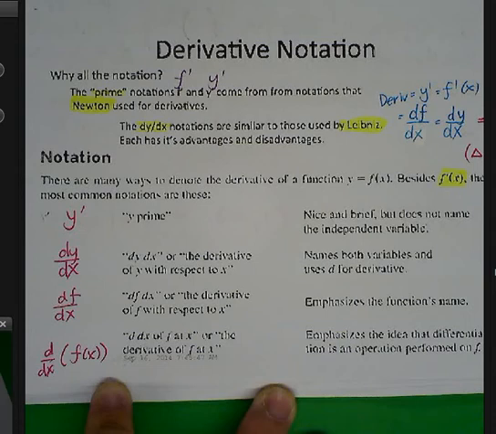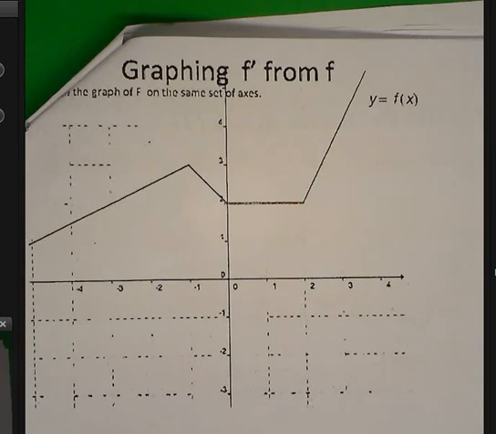All right, so now it says graph f prime from the graph of f on the same set of axes. This is kind of like what we were doing yesterday, you guys. So I want you guys to do this with your table groups. It's a little complicated, but I want to see how you guys do, okay?